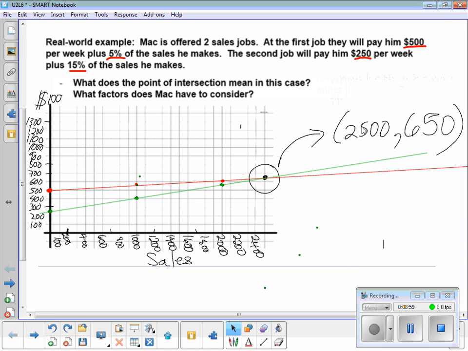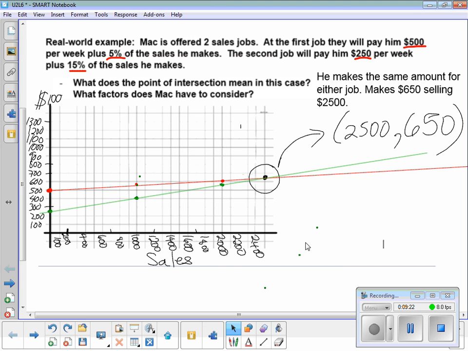So my answer to what does the point of intersection mean in this case: he makes the same amount for either job, and what he makes is $650 selling $2,500 worth of product. Okay, so that is what the point there means.